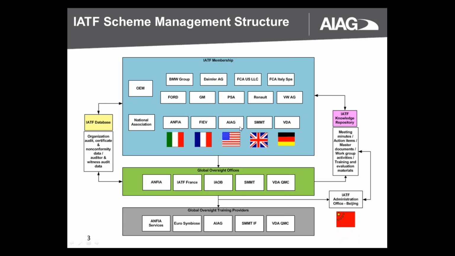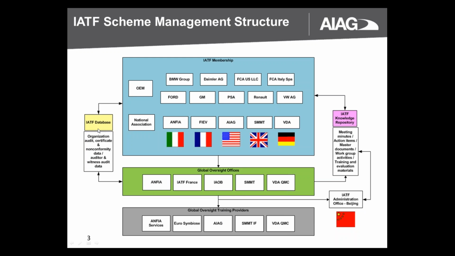And many of you are probably familiar with AIAG in the United States. There are 5 global oversight offices. PJR is recognized by the IAOB, actually just a few miles from us here in Michigan. And then the global oversight training providers, which also happen to be the AIAG in the United States.